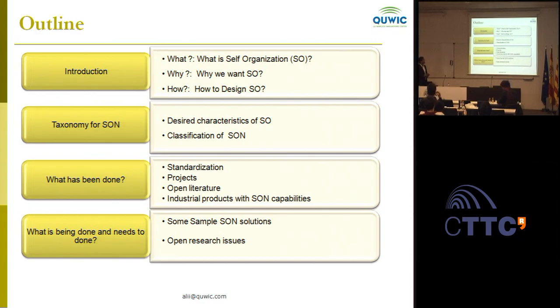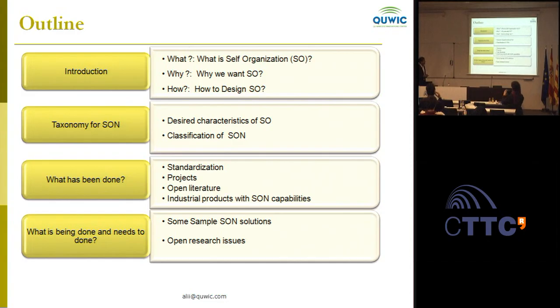In the next part, we will discuss the desired characteristics of self-organization we want in cellular systems, and also some taxonomy we can have to classify different types of self-organization solutions and systems.